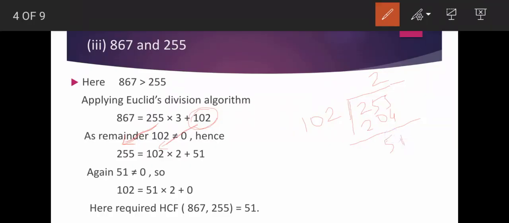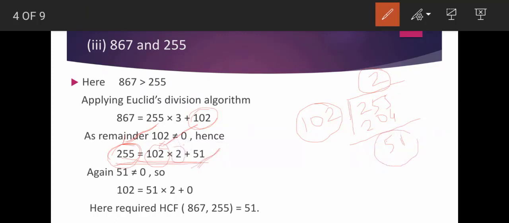We got the remainder as 51. So we can place these terms in this particular rule. Following this rule, 255 is taking the place of the dividend, while 102 will take the place of the divisor. On performing division, we got 2 as the quotient and 51 as the remainder.